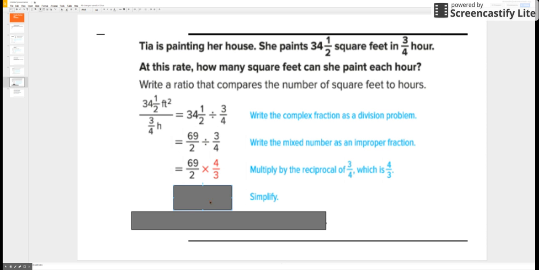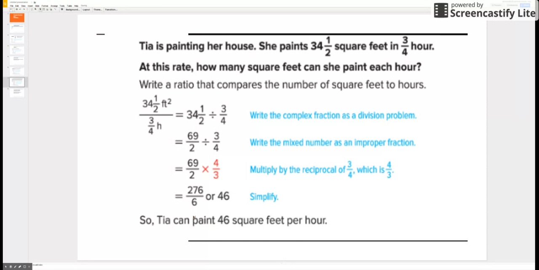And then you would just solve it. You can solve it by simplifying first, or you can solve it by multiplying across first. So if you multiply across, you would get 276 over 6, which gets you 46 as your answer. So Tia can paint 46 square feet per hour.